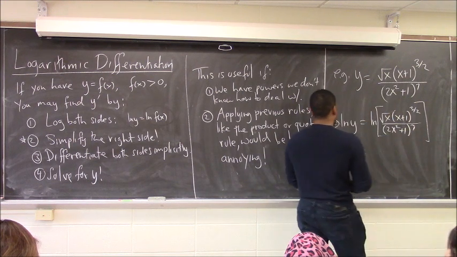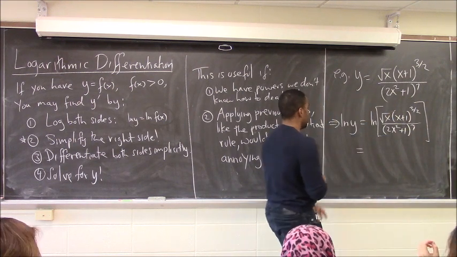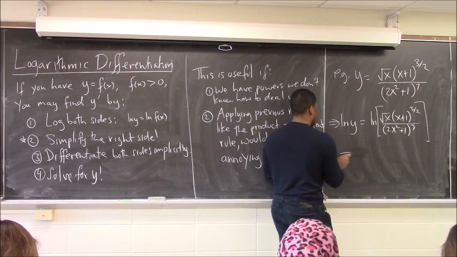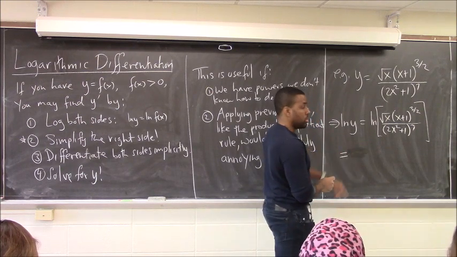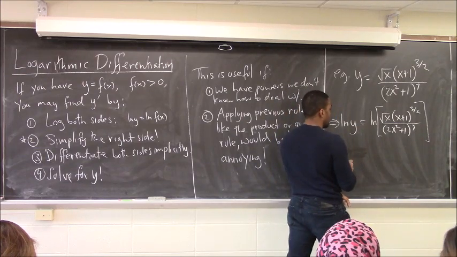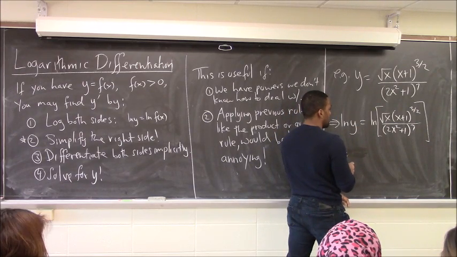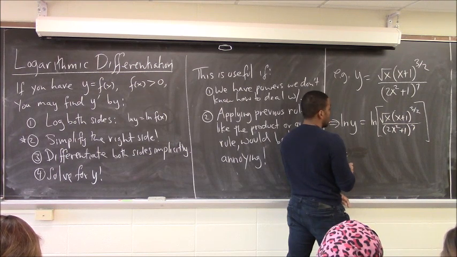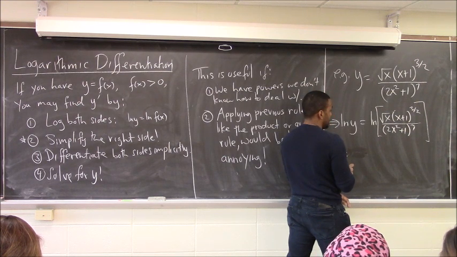Now what would this side become? Yeah? So it would be three over four ln. Never mind.